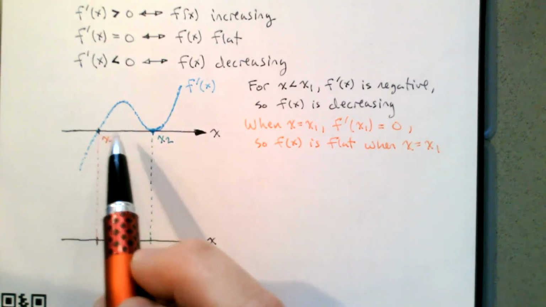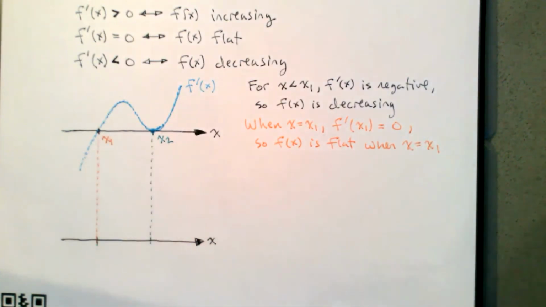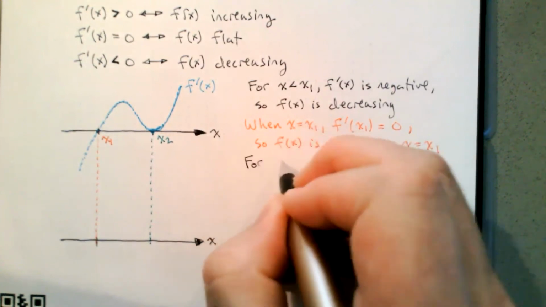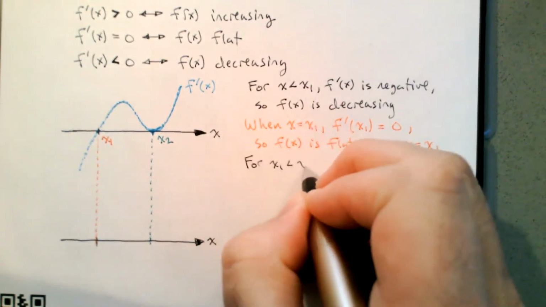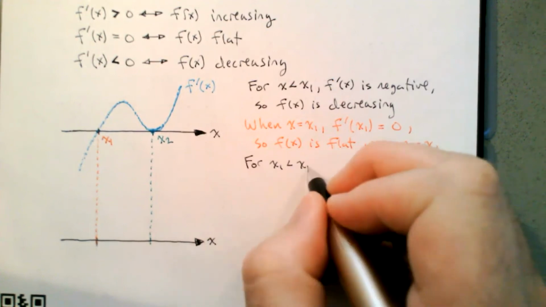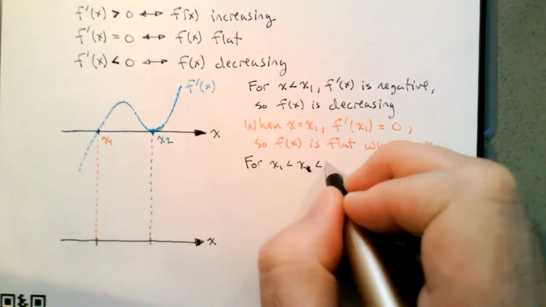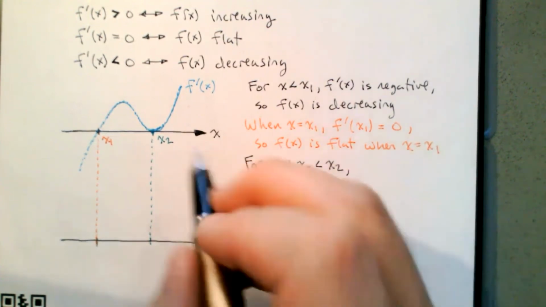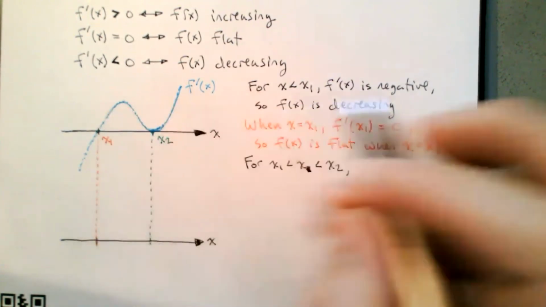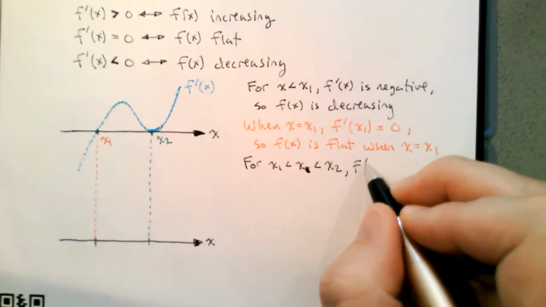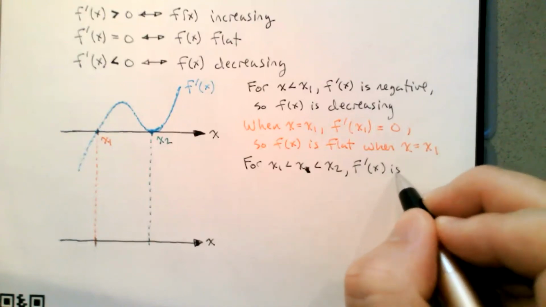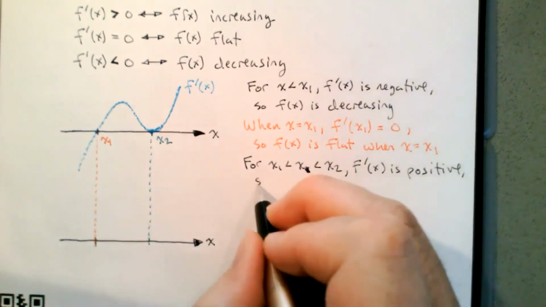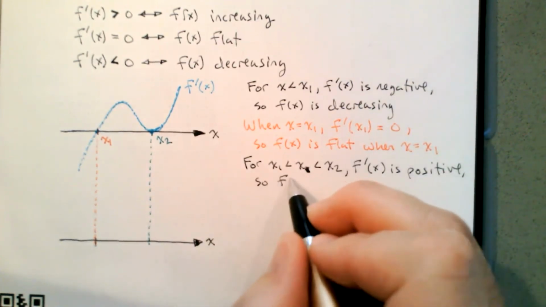And then between x1 and x2, f prime is positive, so f of x is increasing.